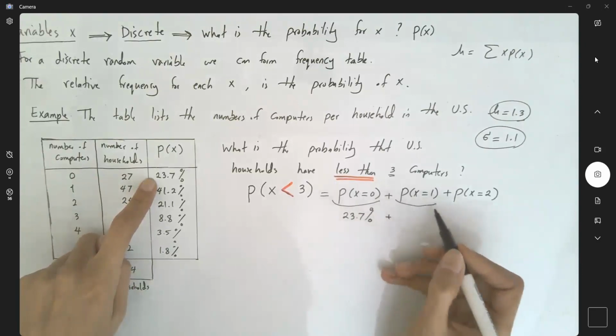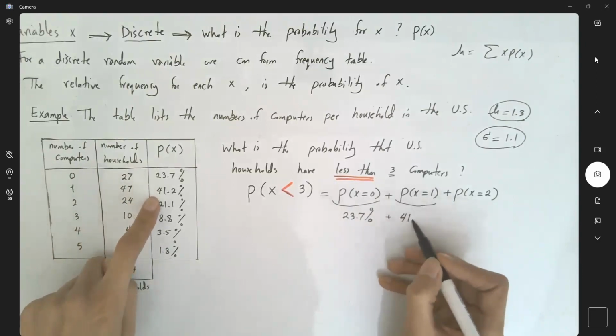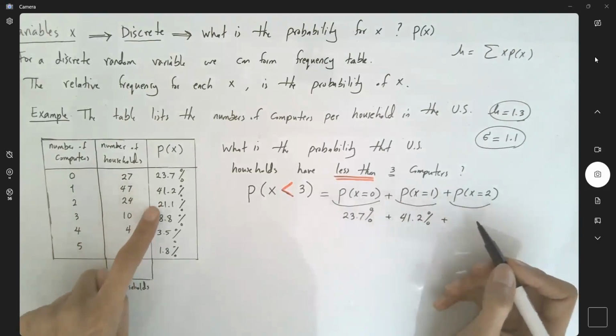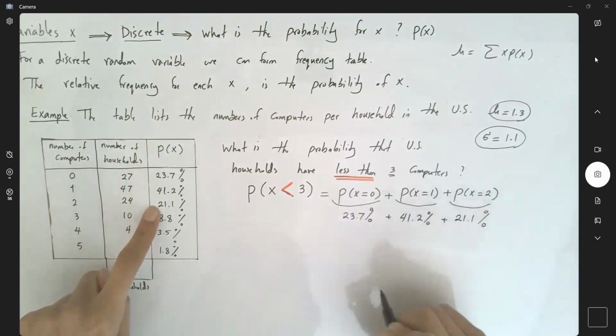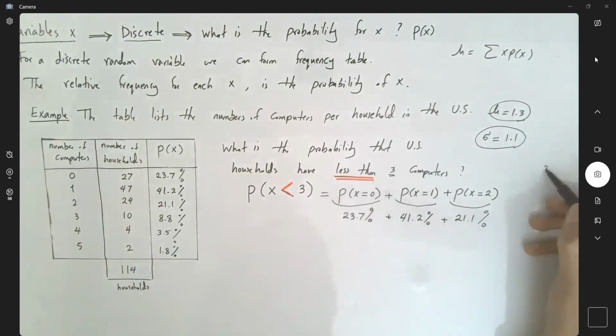So the probability with no computers is 23.7%. The probability that a household has 1 computer is 41.2%. And the probability that the household has 2 computers is 21.1%. Now you need to add all of these together. So you have 23.7, 41.2, 21.1.